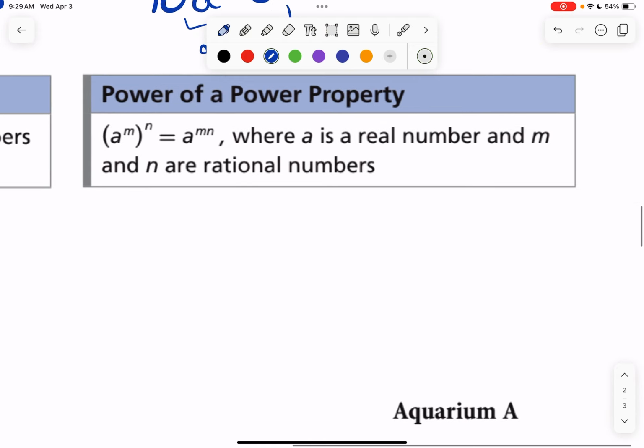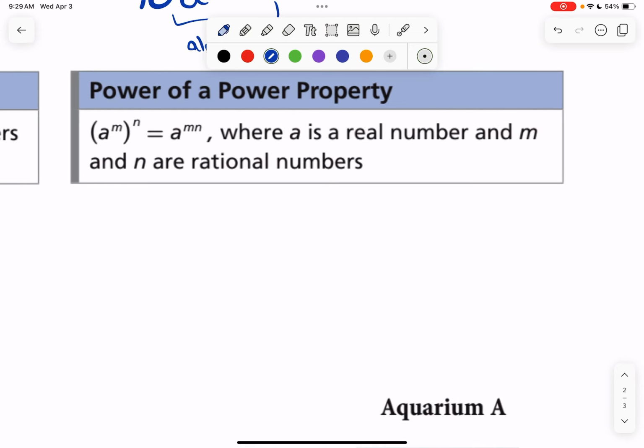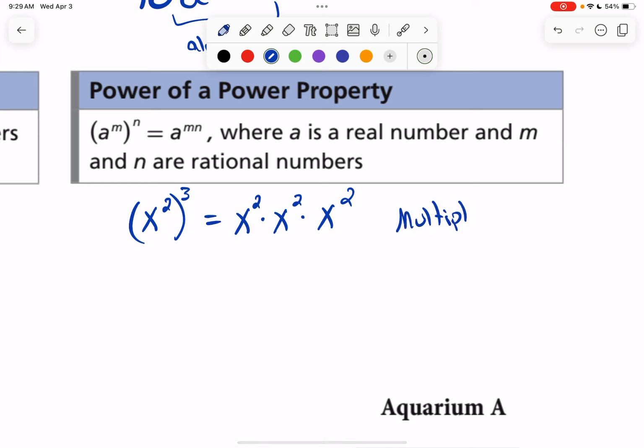And that's here, this rule, if I have the power of a power. Okay, for example, x to the second to the third. This means I'm taking x to the second and multiplying it 3 times. Times is the multiply, right?